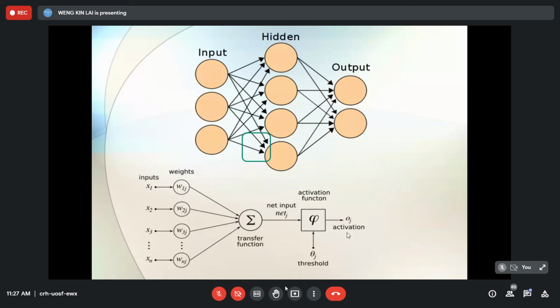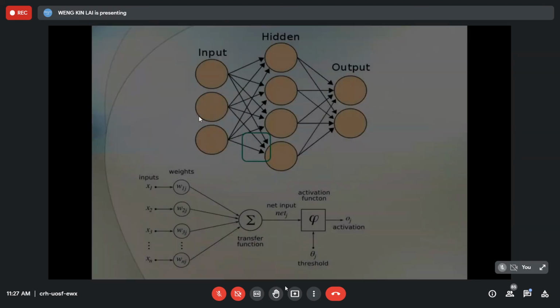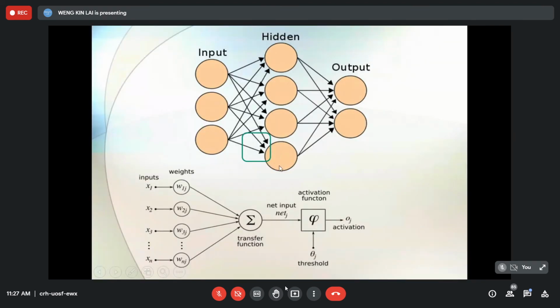Okay, so over here, notice this is actually the input, and now we're looking at the combination of all the inputs, from the inputs to the neuron in the hidden layer.